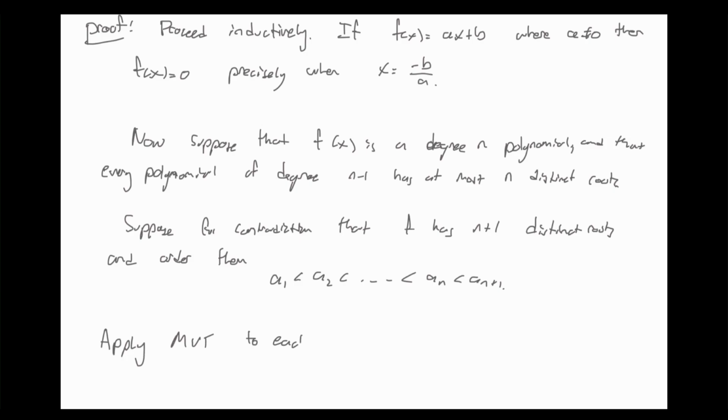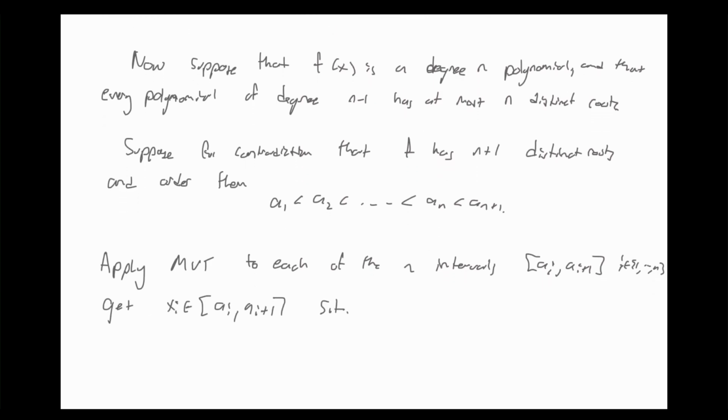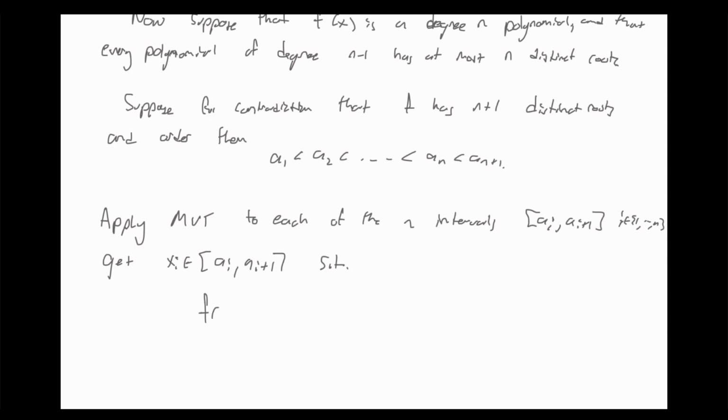Now I'm going to apply the mean value theorem or Rolle's theorem to each interval a_i to a_(i+1). And we see that there must be some xi in a_i to a_(i+1) such that f of a_(i+1) minus f of a_i is equal to f prime of xi times a_(i+1) minus a_i. So that's the mean value theorem set up.